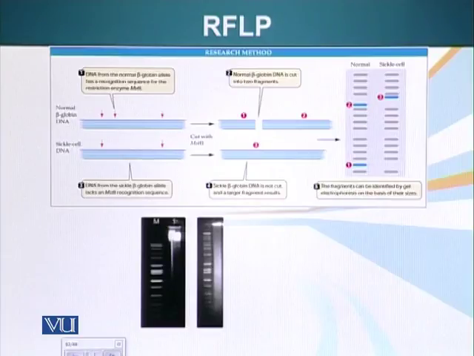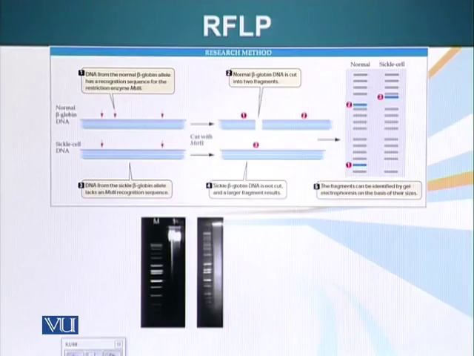And how can we use this information? Now imagine there's a disease. Here we are looking at, for example, sickle cell anemia. Normal DNA has 3 restriction sites for a particular enzyme, MstII as it is named here. This is a restriction enzyme, an endonuclease.